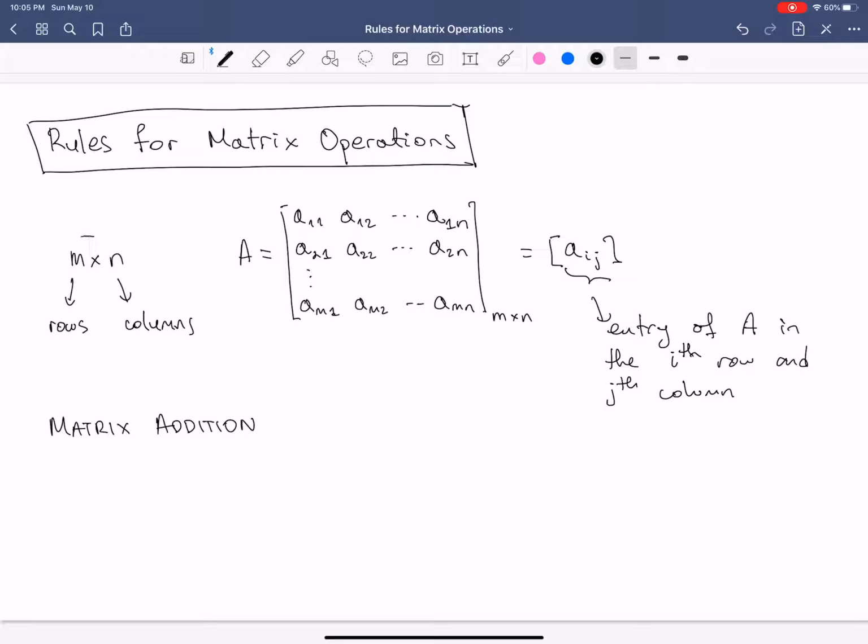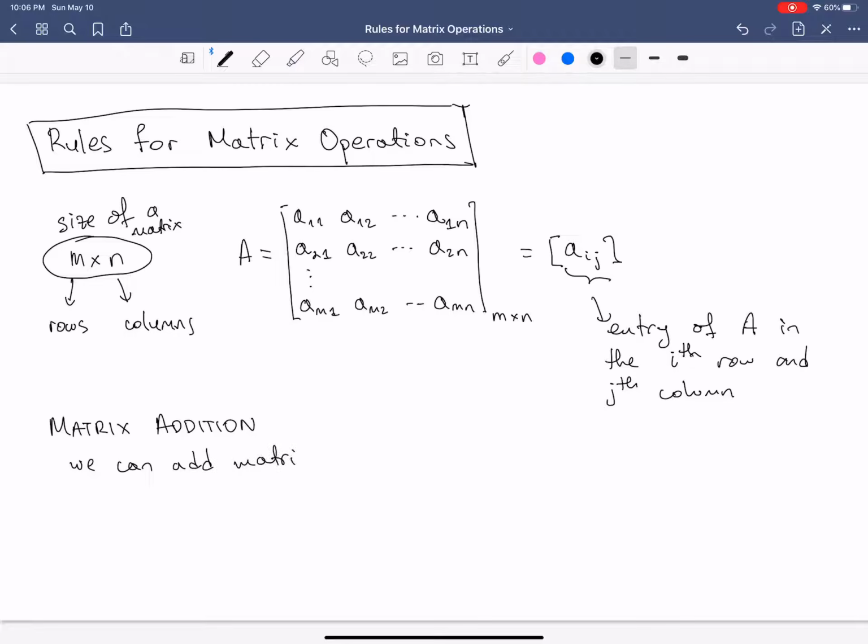So this m by n is what we call the size of a matrix. So we have different matrices, 2 by 3, 2 by 2, 3 by 3. So far we've been working with square matrices, which were 2 by 2 or 3 by 3, but we'll change that going forward.